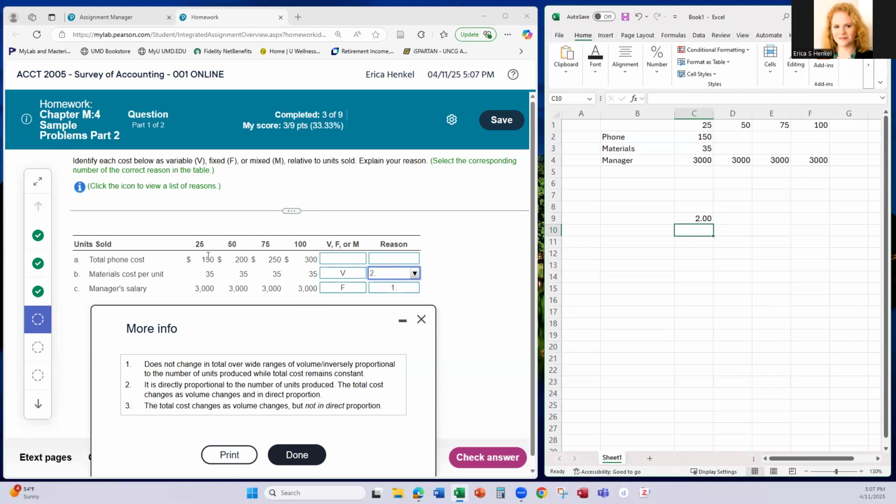But if we look at this, $2 times 25 is not 50. So there must be a base fixed cost in here. So to me, that says that that one is a mixed cost. And that says the cost changes as the volume changes, but not in direct proportion across all the units there.